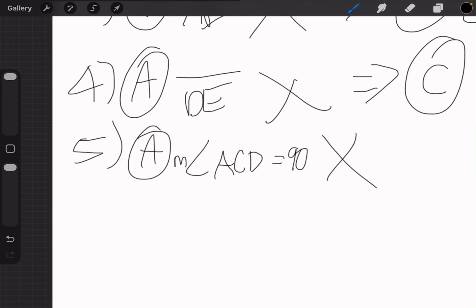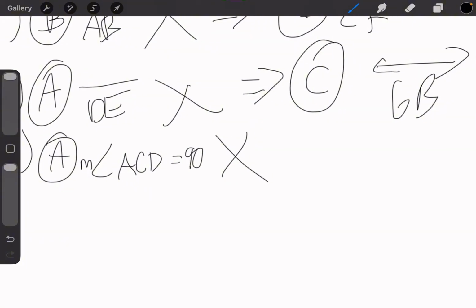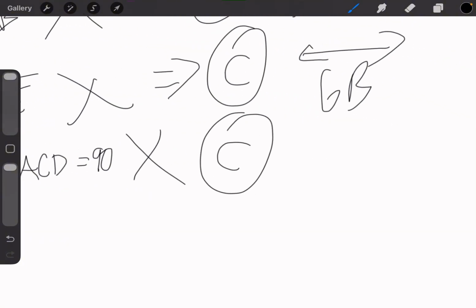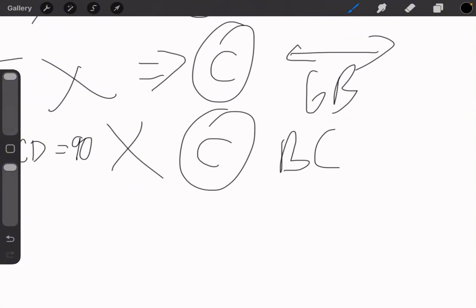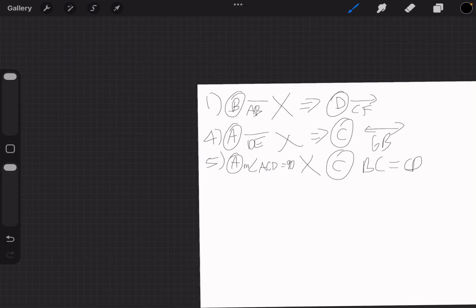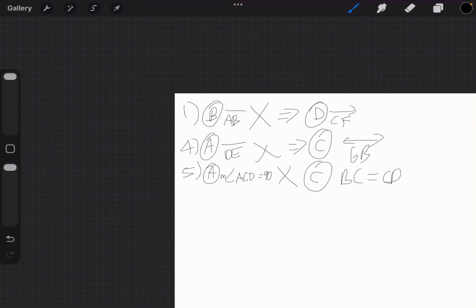This is actually incorrect, and the real answer was C, which is BC equals CD. The reason for this is because a median splits the opposite side into equal parts, so that equals BC being equal to CD.